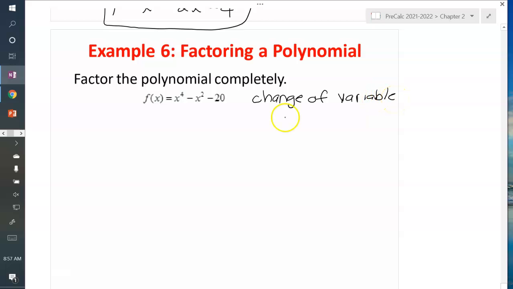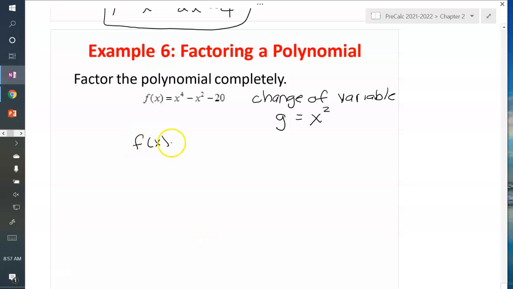I'm going to make another variable, and I'm going to call it g. I'm going to say that g equals x squared. And the reason I'm doing this is I can then rewrite this polynomial and we'll end up with a quadratic that we can easily factor.